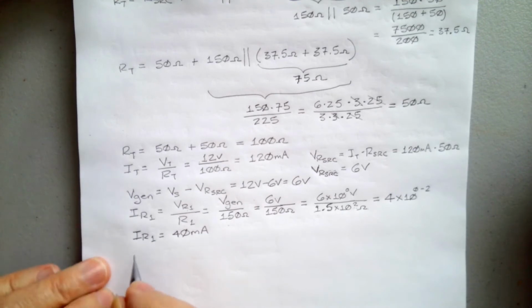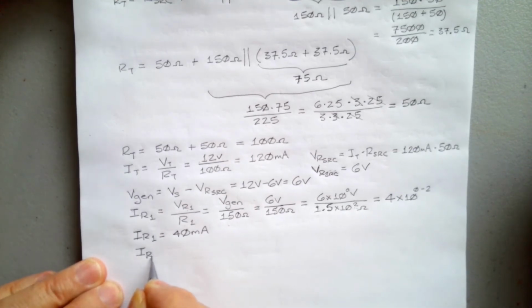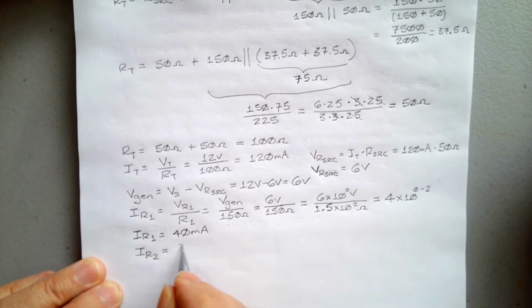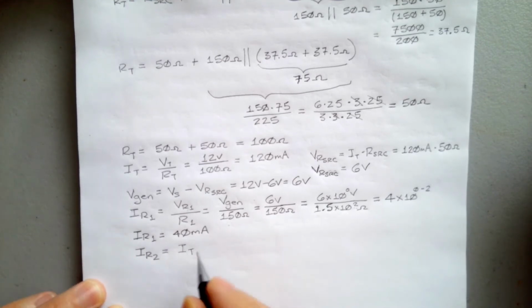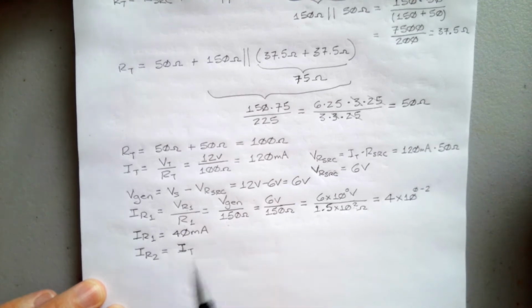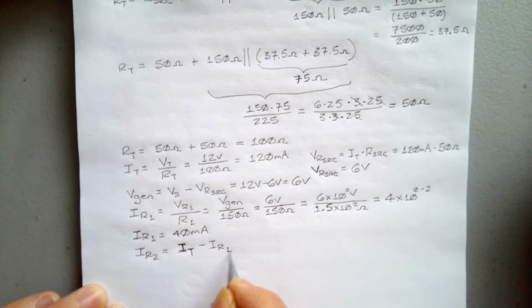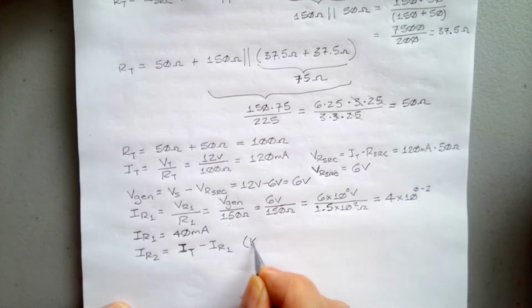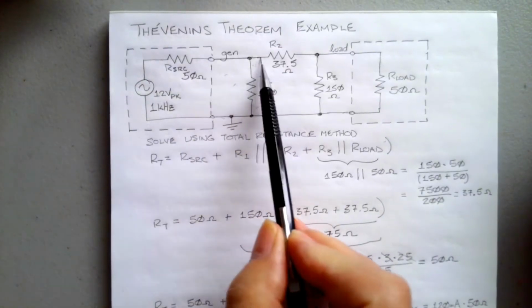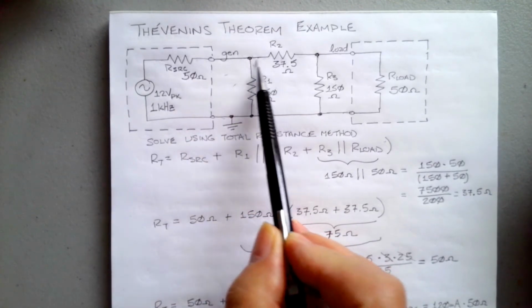So we can use IR2 is going to be equal to I total minus IR1, and we get that by Kirchhoff's current law, because all the current flowing into this node right here has to equal all the current flowing out.